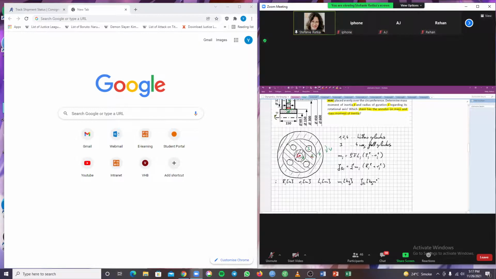And then we might have to consider Steiner's theorem. We need the distance from the axis of rotation to the main axis. Then we can compute the mass moment of inertia with respect to the current axis of rotation.